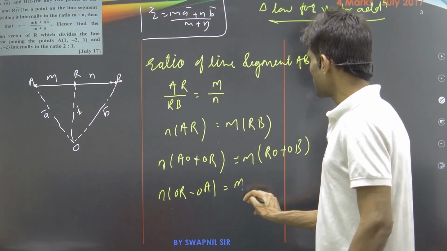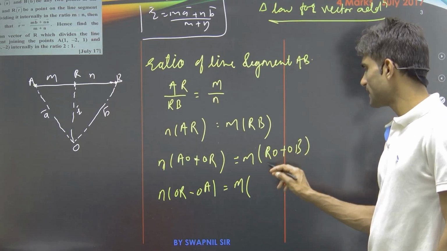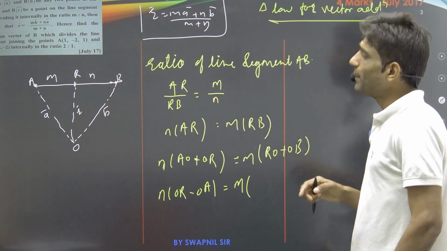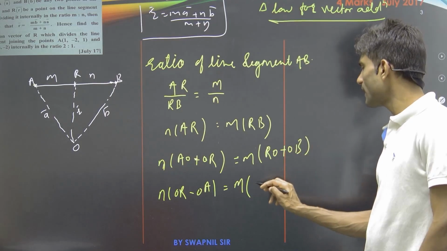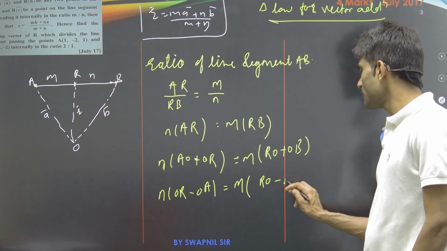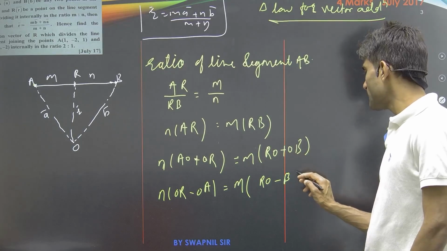So keep N outside, OR as it is. M keep as it is, RO as it is, and when we change the direction of OB, we can write it as negative BO.